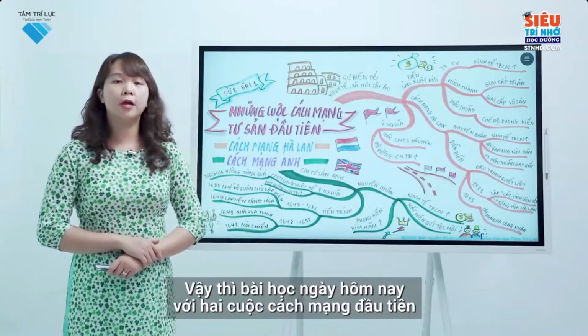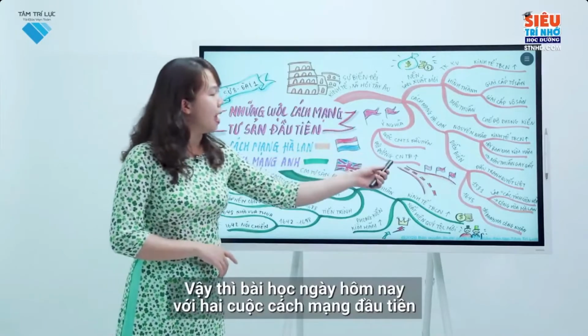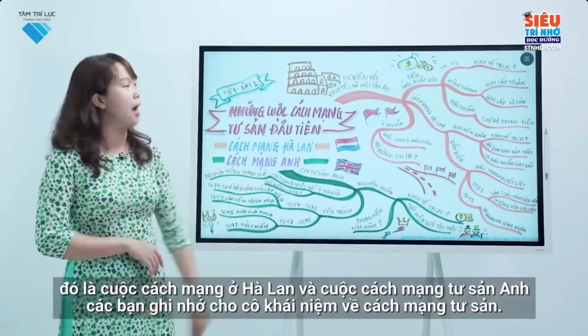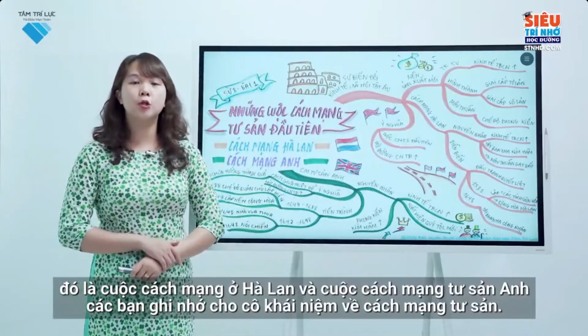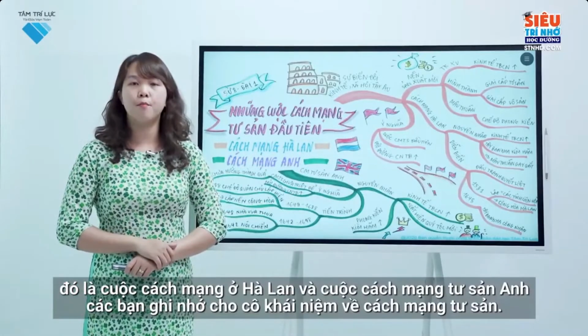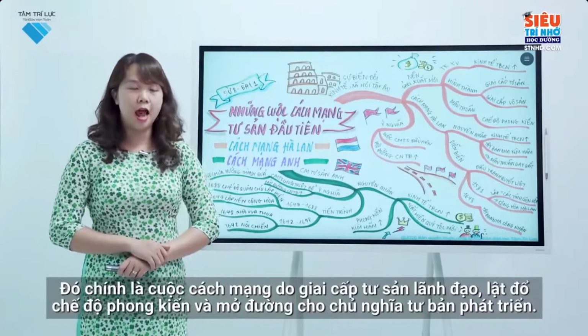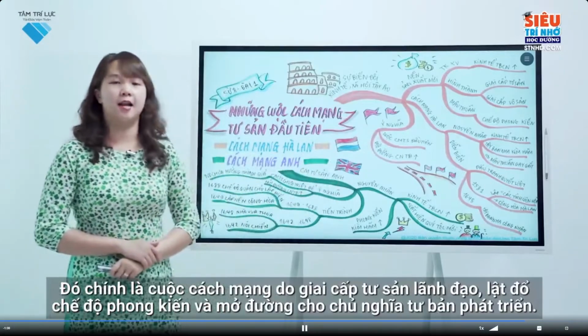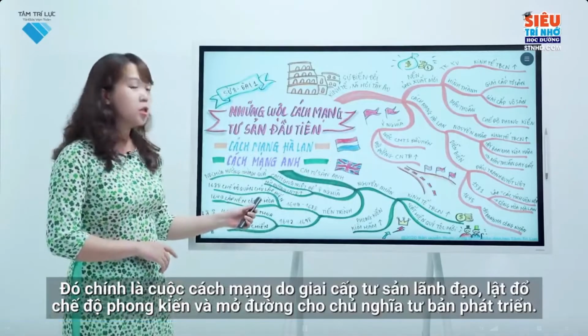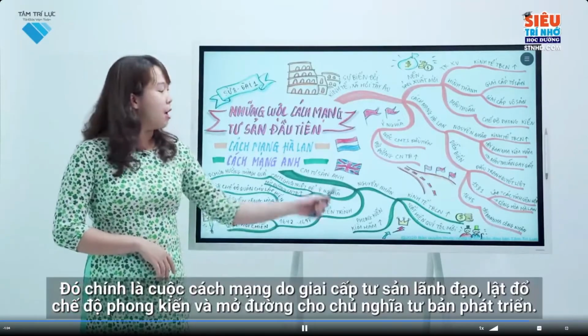So the lesson today included the first two revolutions, the Dutch Revolution and the English bourgeois revolution. All of you have to remember the concept of bourgeois revolution. That is, the revolution led by the bourgeoisie, overthrowing feudalism and paving the way for capitalism to grow.